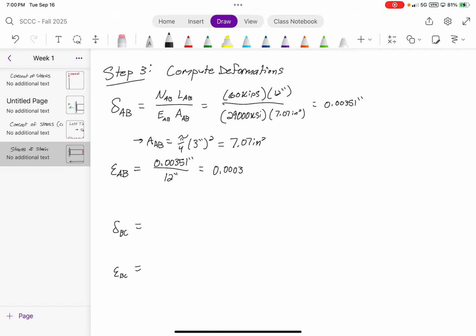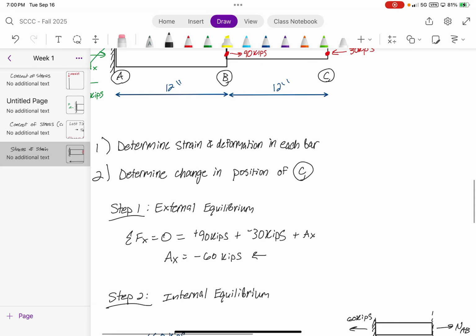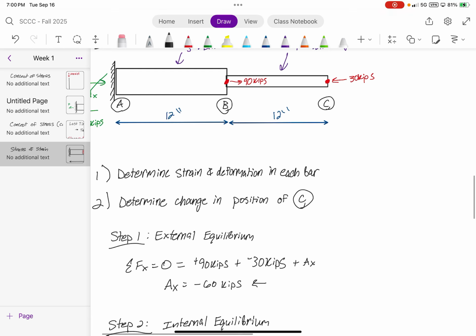I can't find it. Tungsten's not on here, is it? I don't think so. Okay.